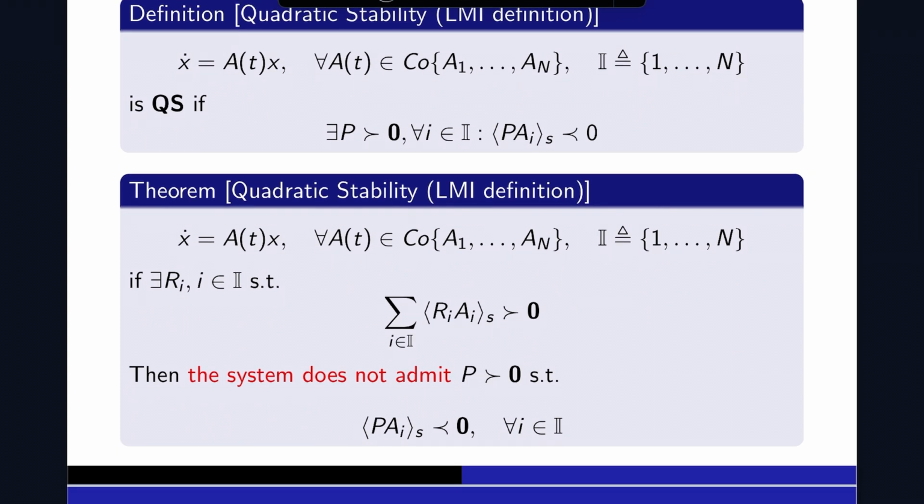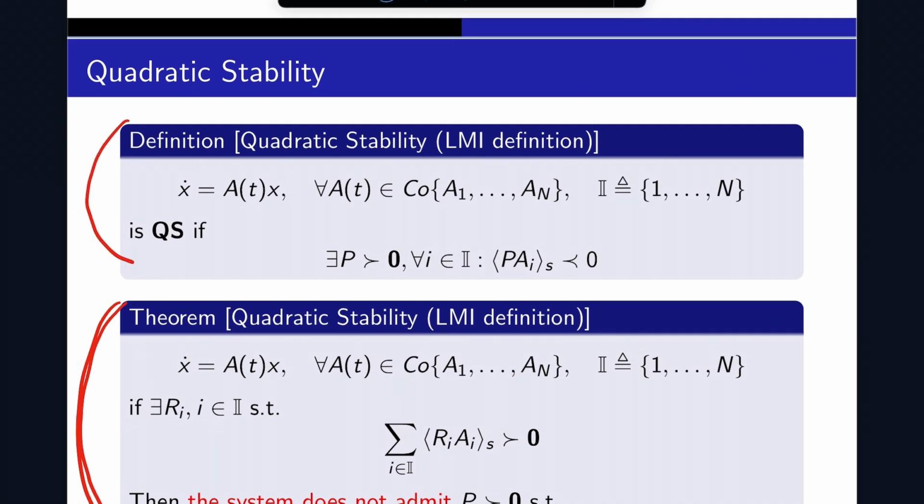So this is not quadratic stability itself. This is the theorem that you would use to check that your system is not quadratic stable.